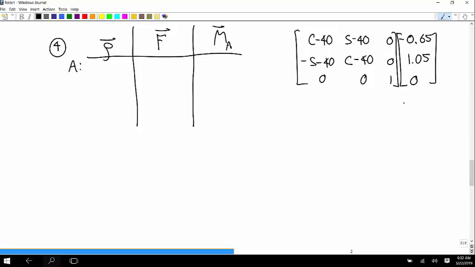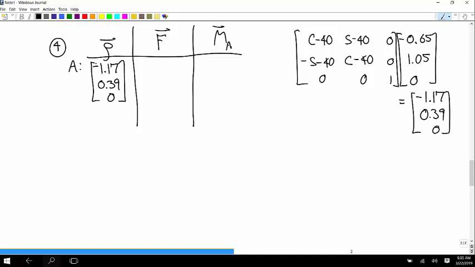What do you get for that? Negative 1.17. Okay. 0.39. Okay, thank you. All right. So the r vector is negative 1.17, 0.39, 0.